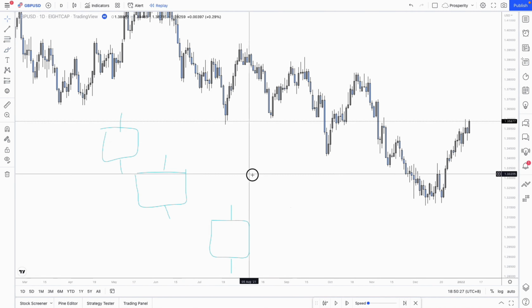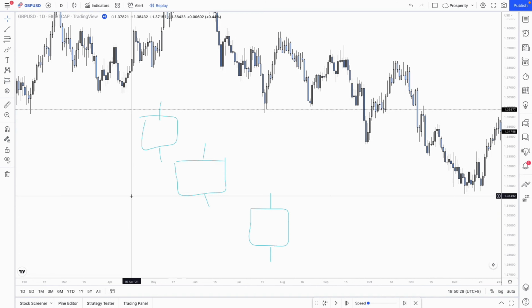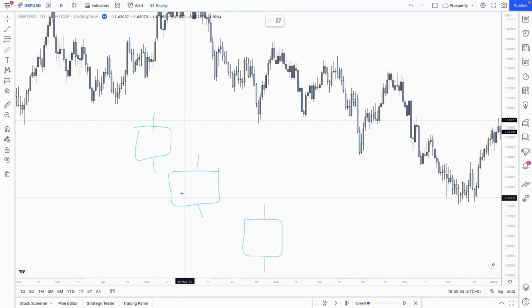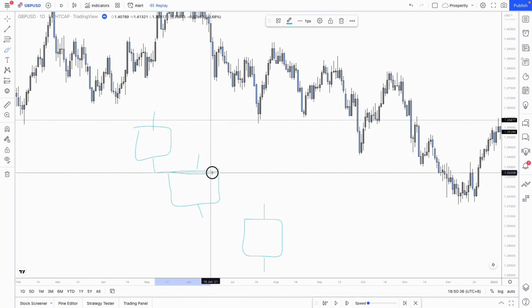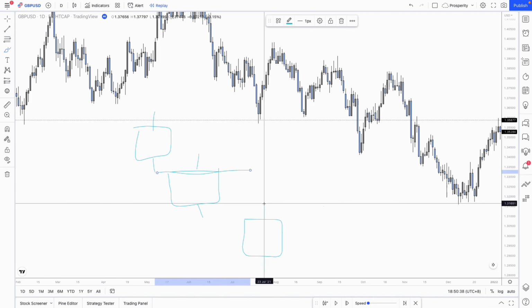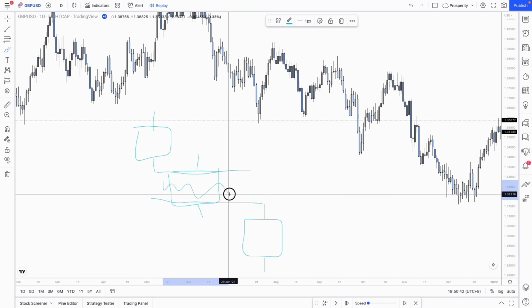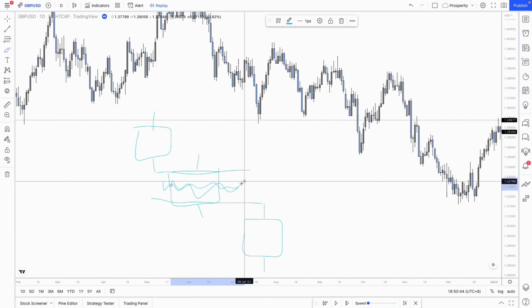So here we have three candles. Let's just say they're all three down candles, right? And essentially how we understand imbalance is if you take the wick of candle number one and the wick of candle number three, if they do not meet, that area is called imbalance, right?